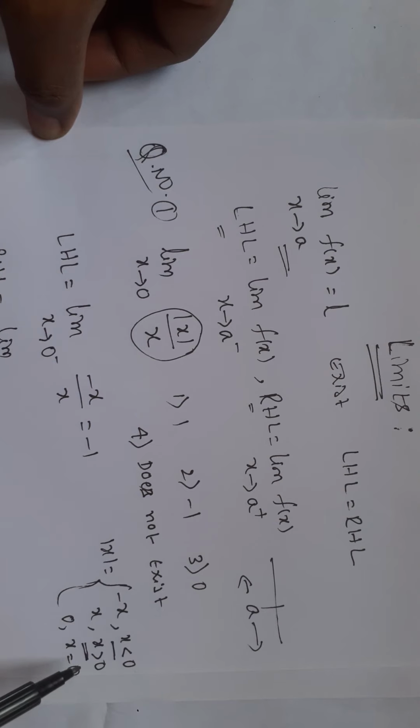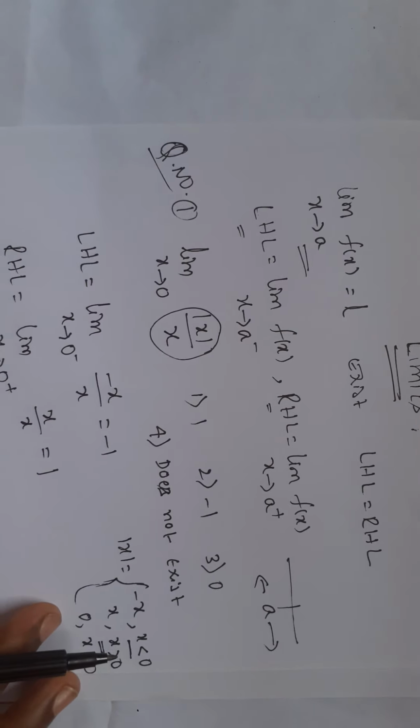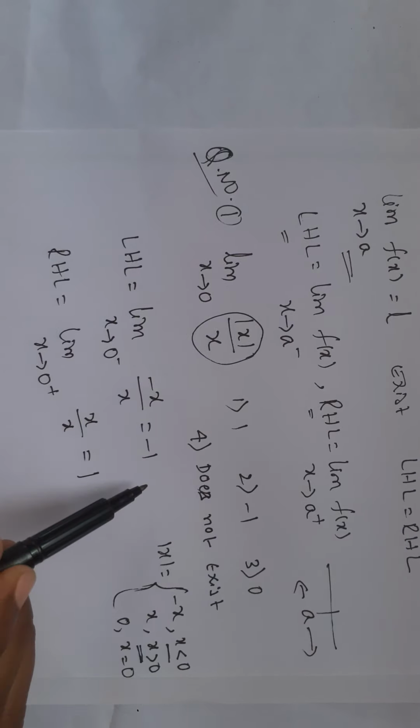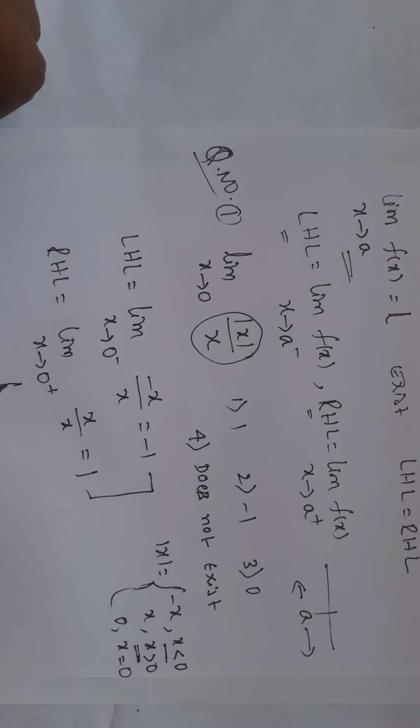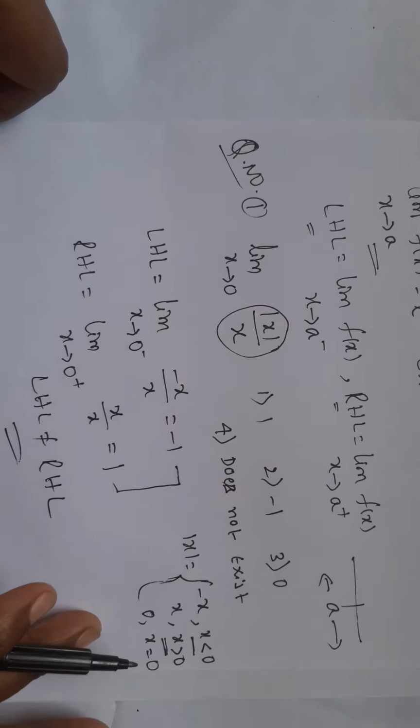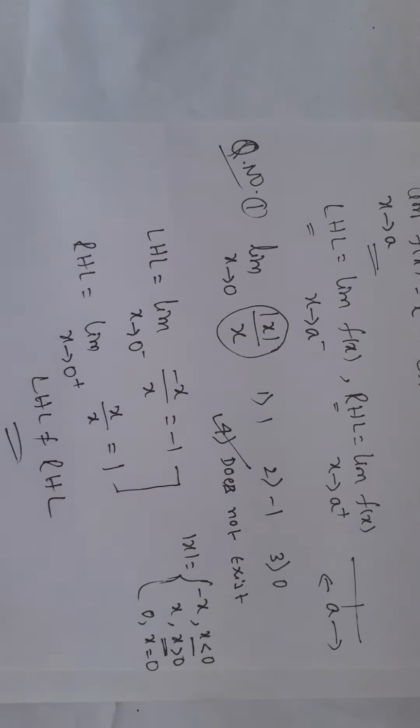For x more than 0, the function is plus x by x, the x's get cancelled, that is equal to plus 1. So LHL is minus 1, RHL is plus 1. Clearly LHL is not equal to RHL. Therefore the answer is limit does not exist, option 4.